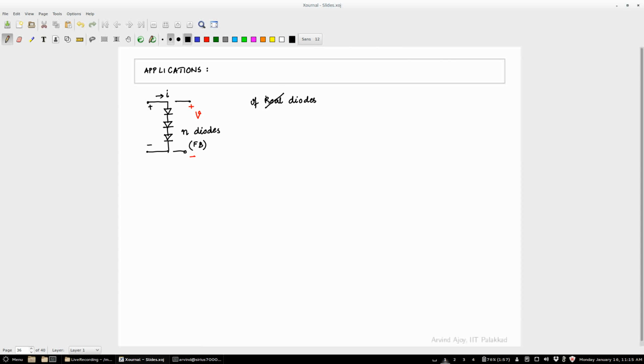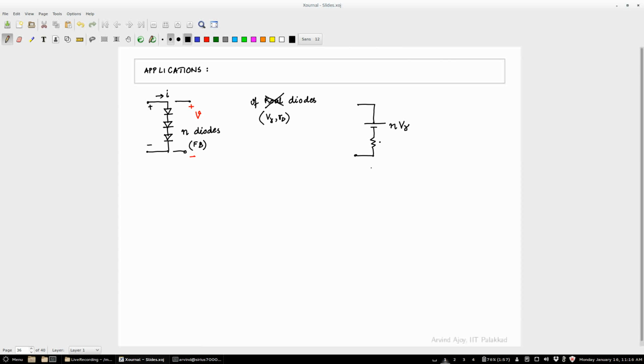Okay, if they are real diodes, then what would be this voltage? Let me not assume it's a real diode. Let me say it is the V gamma, R_D model.